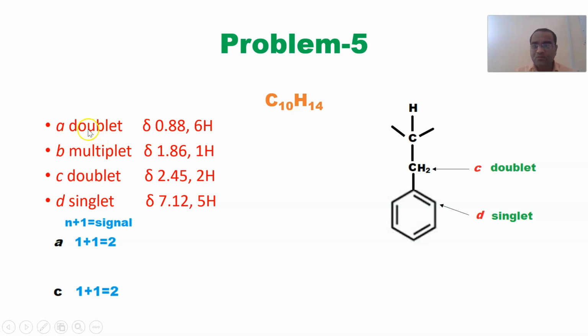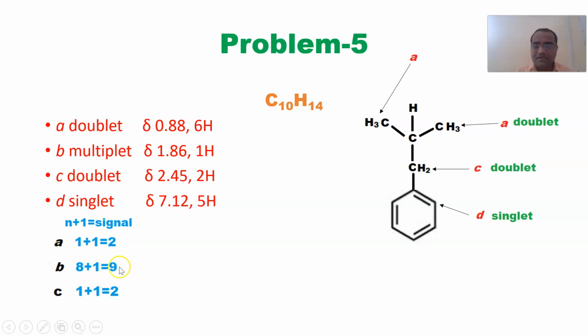Now coming to the A signal, it is showing a doublet, and the doublet is a branched one. So there are 6 protons. So we'll put these hydrogens on the carbon. This carbon shows a doublet. Now coming to the last signal, the B signal.